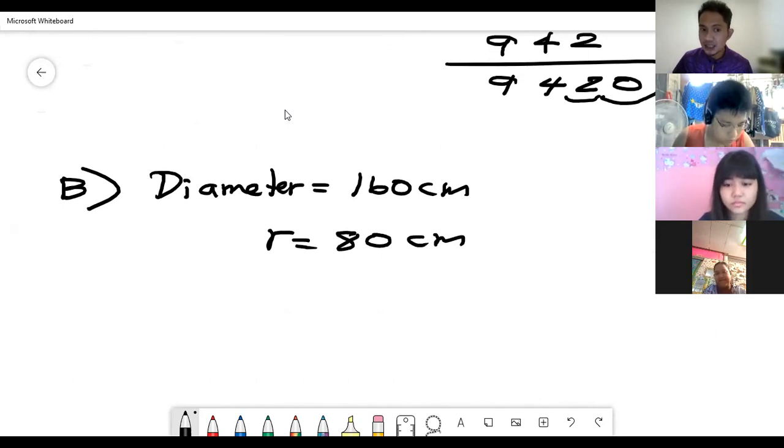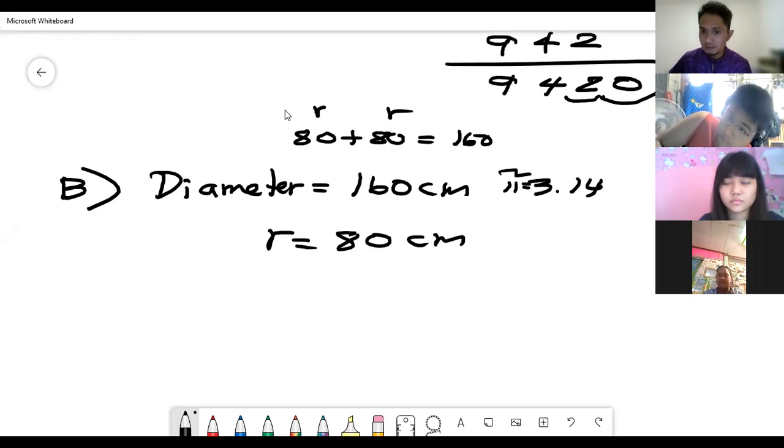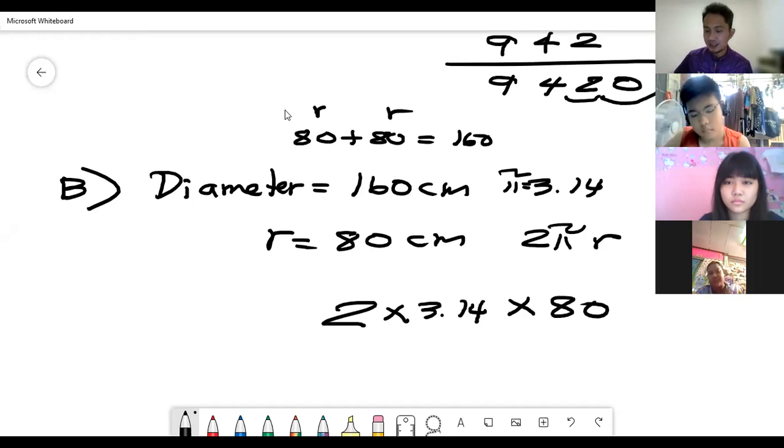Half of the diameter is r, because 80 plus 80 is equal to 160. So we will use pi, 3.14, and then 2 pi r. So 2 times 3.14 times 80.